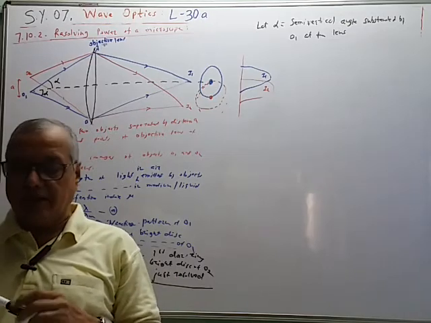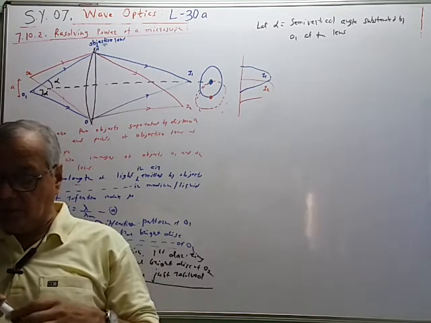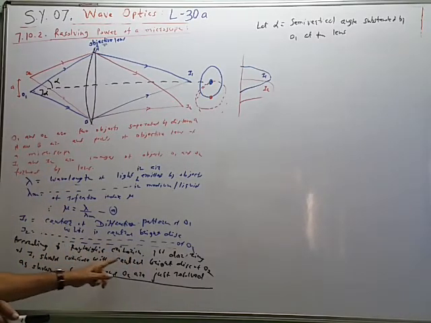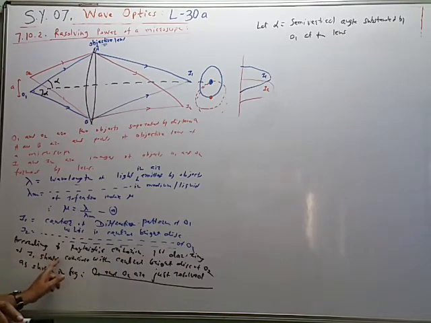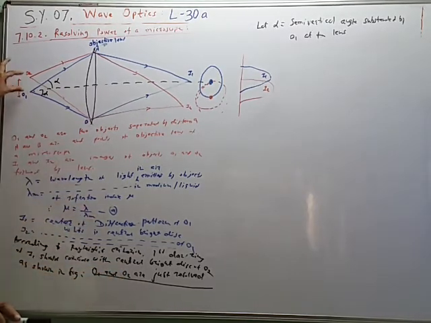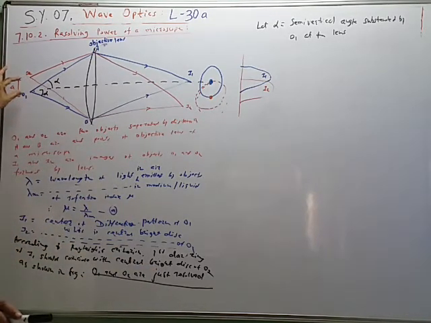Now A and B are the action points considered. Also, now this criterion is satisfied: the first dark ring of I1 coincides with the central bright disk of O2, and therefore O1, O2 are just resolved. So what is this limit of resolution for the just resolution condition that we have to find, because these are two objects which are just resolved.